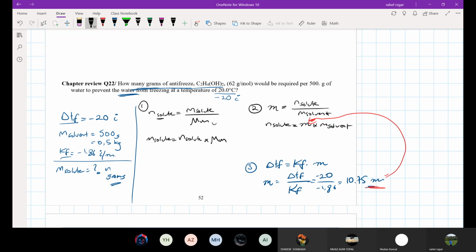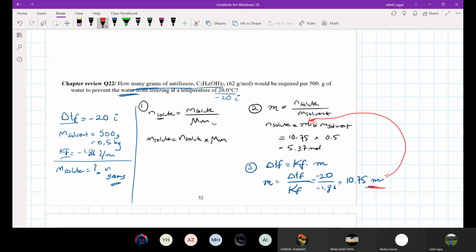Then this equals molality. What is molality? We found it's 10.75 molal times mass of solvent. It's 0.5. So this one is 5.37 mole. What?